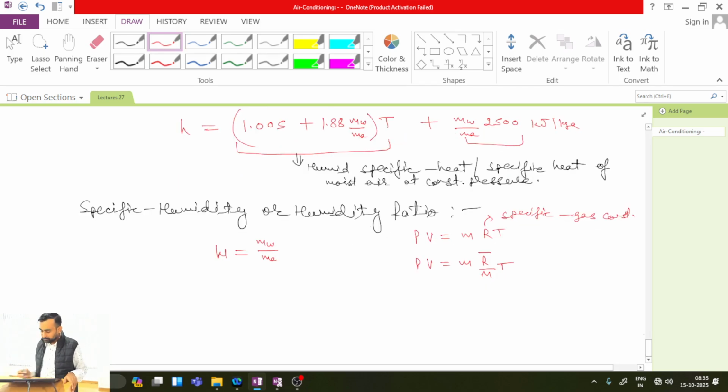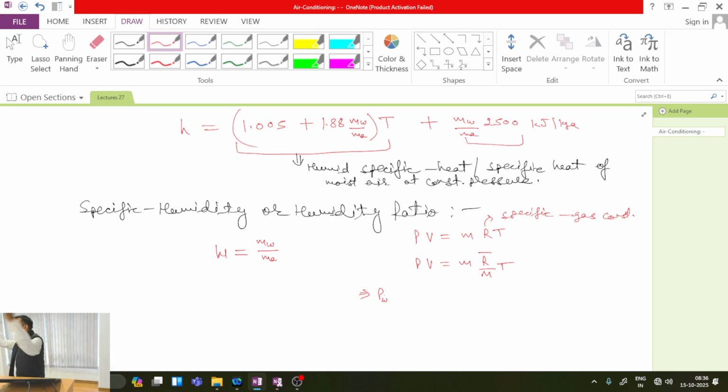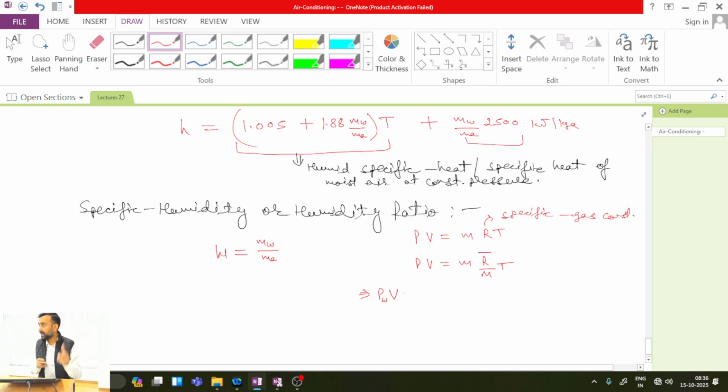Yes. So let me write for water vapor. Say the pressure is PW. What is the volume? If you have moist air filled in this room, water vapor will also be present everywhere, so the volume will be the same. That's why I emphasized earlier that volume and temperature are to be considered the same.